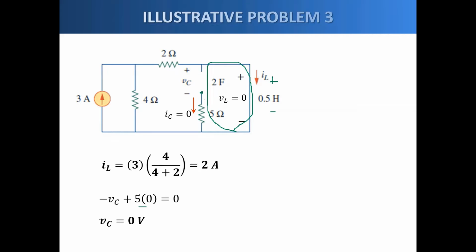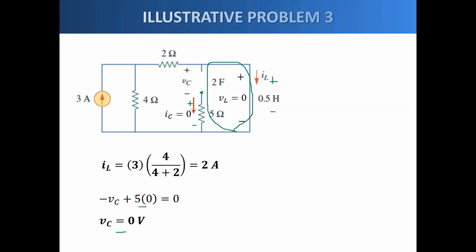Plus or minus the voltage across the 5 ohms. So this here, this is a minus, this is a plus, based on the direction of I sub C. But I sub C is 0 as well, so therefore we get V sub C equals 0.